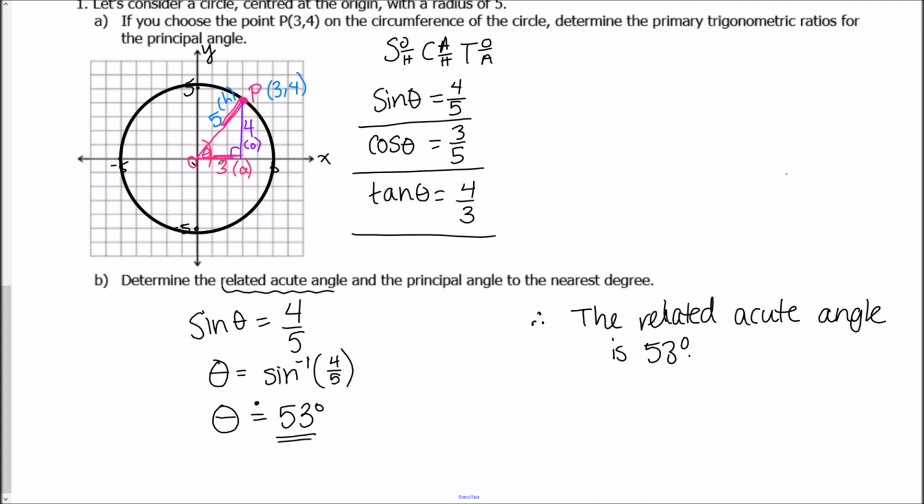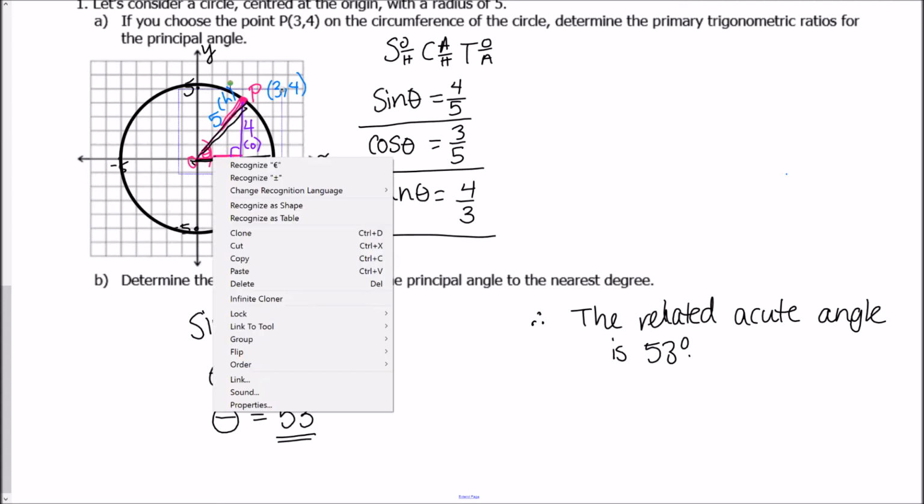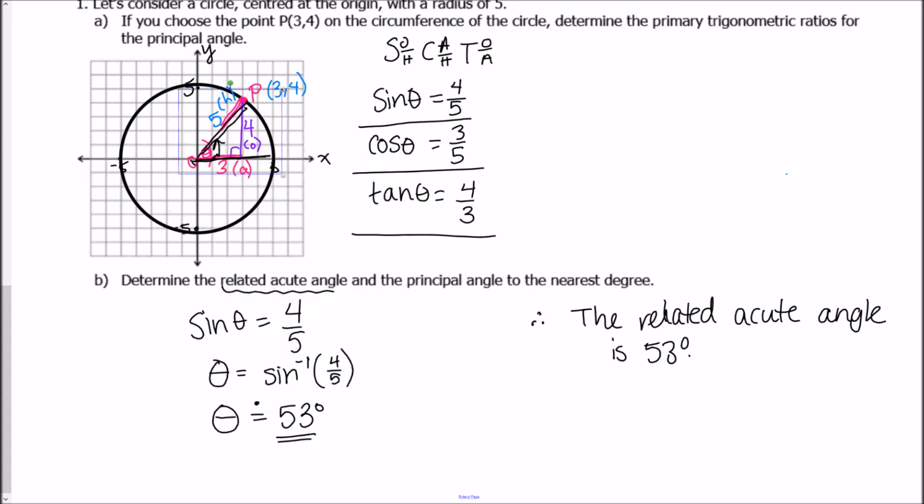Our principal angle is from our initial arm to our terminal arm, but here it ends up being the acute angle that we originally had anyways. So the principal angle is also 53 degrees. And I'll show you an example where the principal angle and the related acute angle are not going to be the same answer.